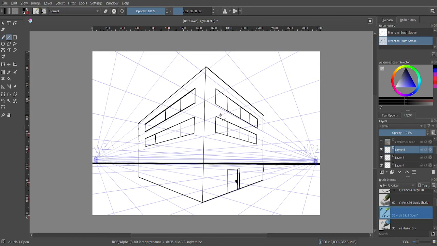A cool trick I've learned to find the center or the middle of a surface or a face, for example this side of the building, is we connect the corners like so, and where the X meets, that is where the middle of that wall is.